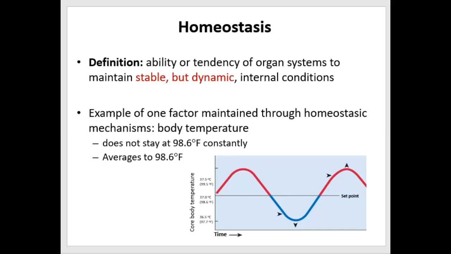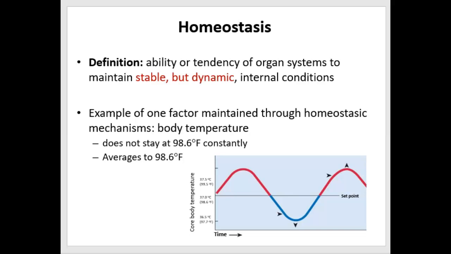So what we say is stable but dynamic internal conditions. For example, body temperature is something that stays relatively constant. We have homeostatic body temperature, 98.6 degrees Fahrenheit or 37 degrees Celsius.